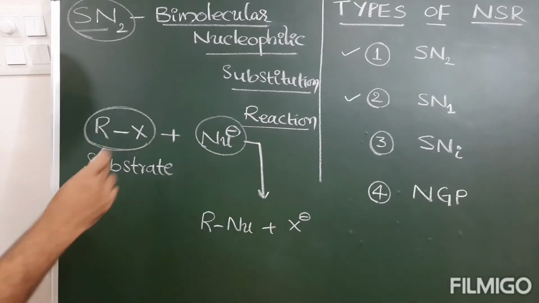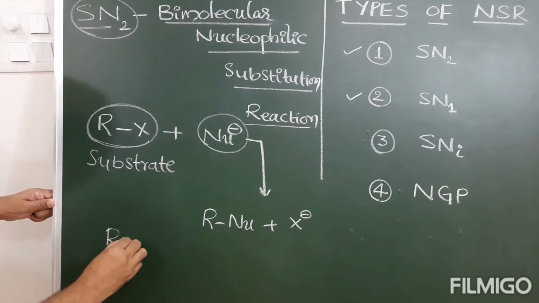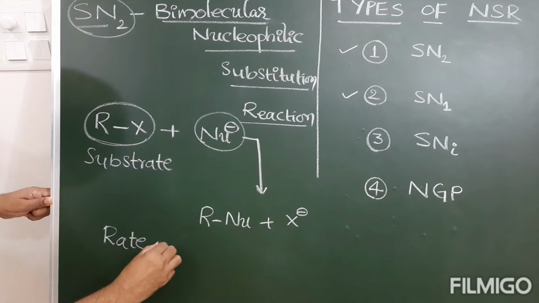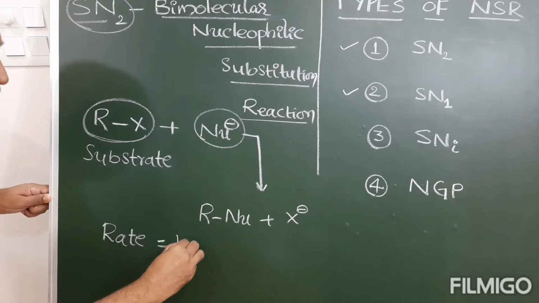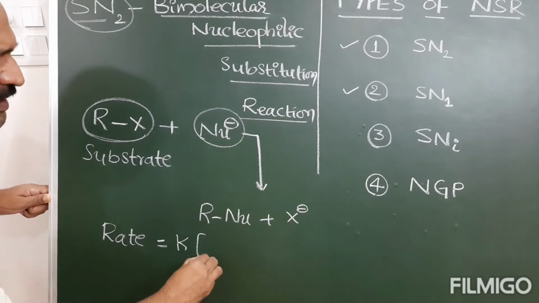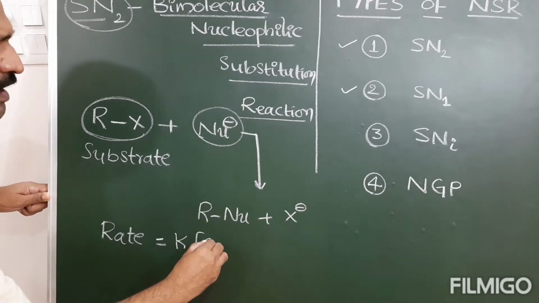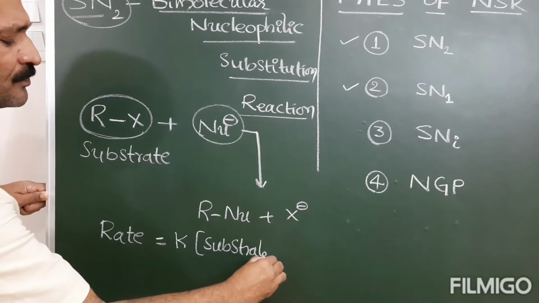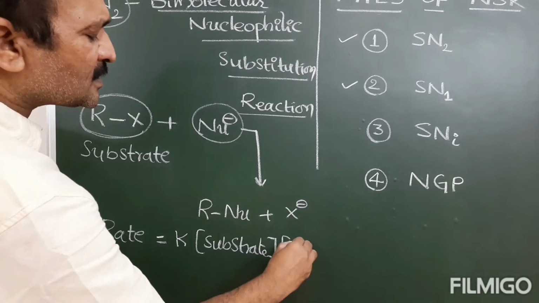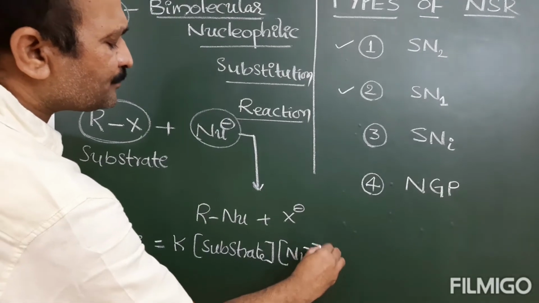Before we enter into the mechanism, the rate of the reaction is directly proportional to the rate constant into the concentration of the alkyl halide or substrate and parallelly the concentration of the nucleophile.